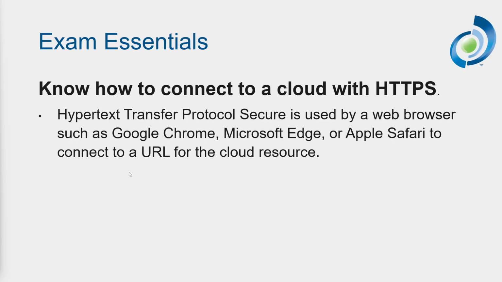Okay, so these are: know how to connect to a cloud with HTTPS. So Hypertext Transfer Protocol Secure is used by web browsers such as Google Chrome, Microsoft Edge, and Apple Safari to connect to a URL to a cloud resource. And remember, you look for the S at the end in that HTTPS, and then you know that you're using the secure.